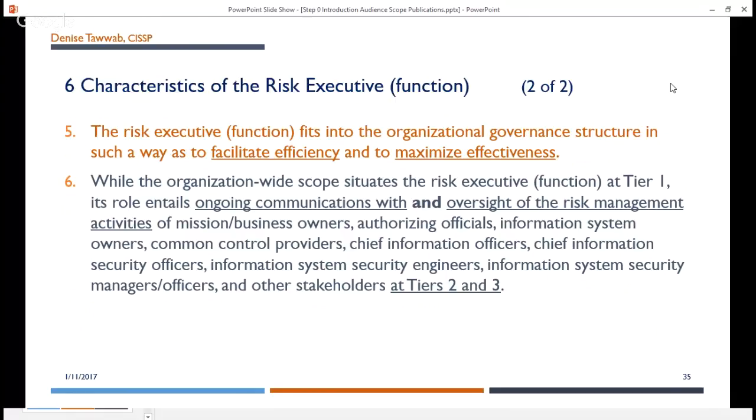And that includes your mission business owners, your authorizing officials, information system owners, your common control providers, chief information officers, chief information security officers, engineers, managers, and other stakeholders who are working at tiers 2 and 3. So the risk executive function is primarily at Tier 1, but it's talking to everybody.